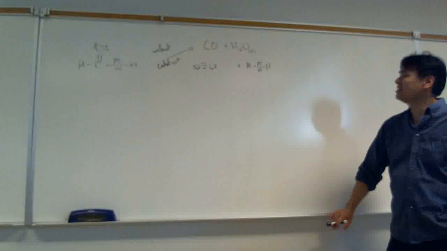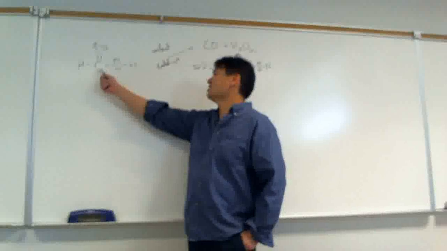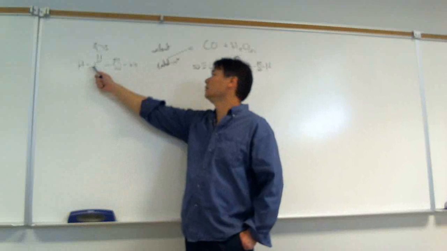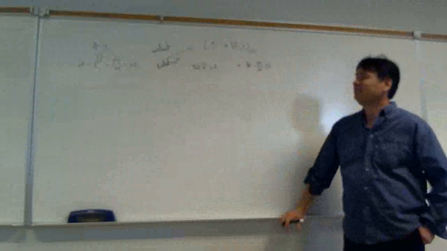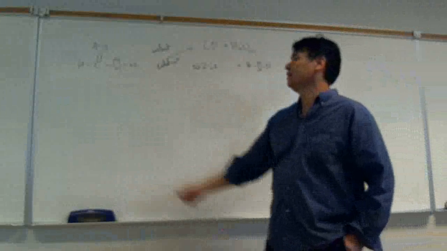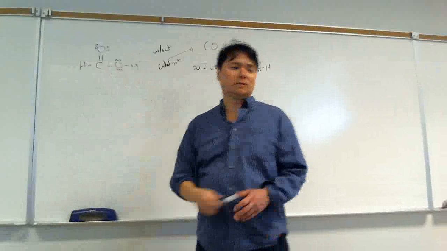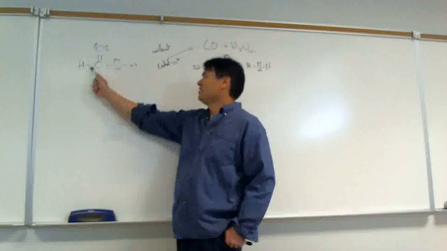What kind of reaction is this? It's like a redox reaction, but is it? And so let's take a look at the oxidation states here. What's the oxidation state of carbon? Plus 2. Well, the oxidation state of carbon in this compound: take all these, right?